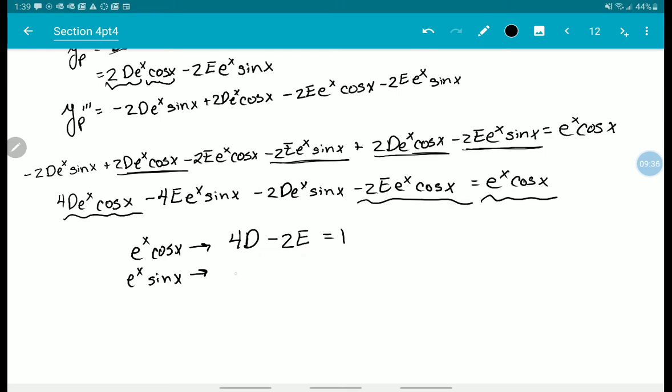And then for e to the x sine of x, we have minus 4e minus 2d, and I'm going to actually put that 2d first. And we don't have an e to the x sine of x on the right, so that coefficient is 0. We're going to use our calculator to solve the system. You could also do it by hand using substitution or elimination.